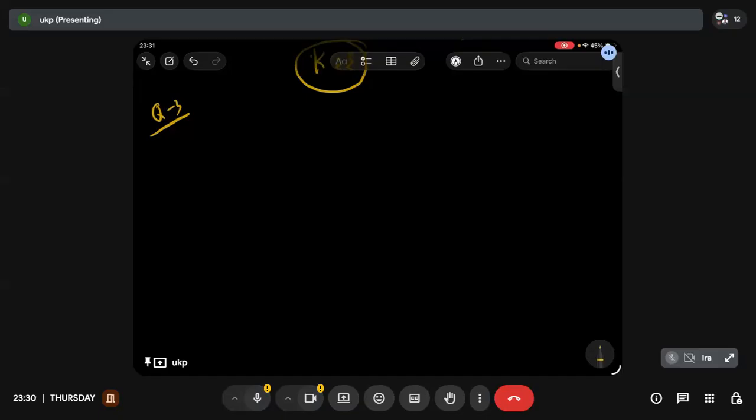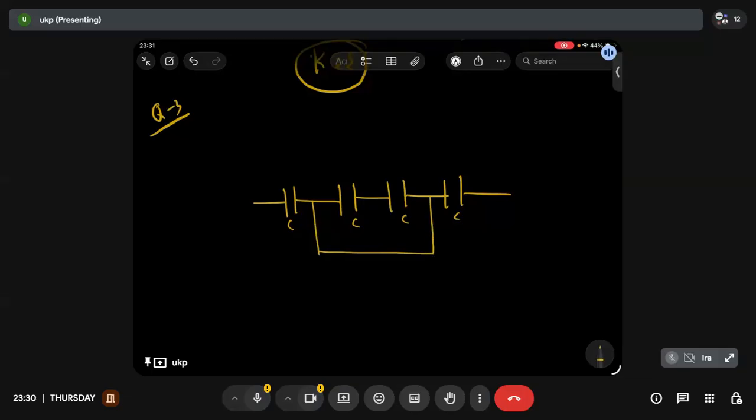Let's go, the problem says that we have a capacitor circuit something like this: C C C C, C C C C. This is terminal A, and you have terminal B here.